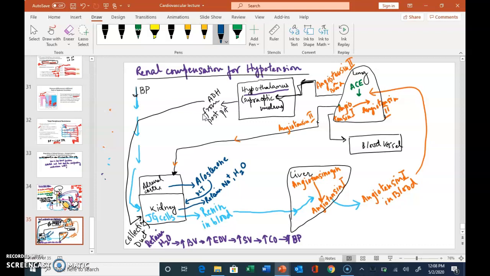So as you have more sodium being reabsorbed in the body, what happens to blood volume? That leads to increased blood volume, more blood volume.